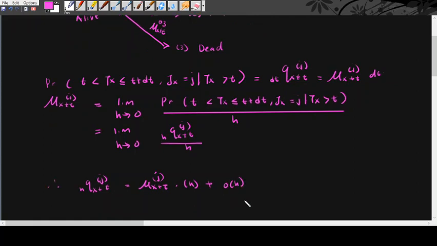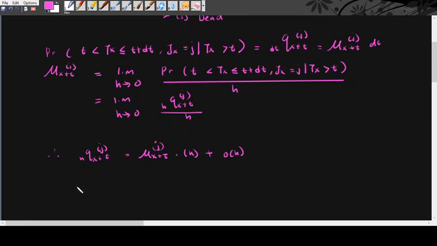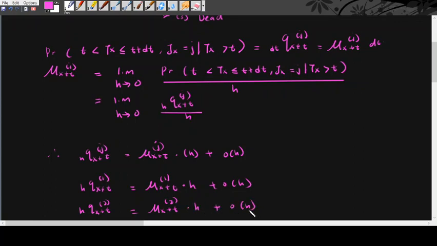If you have two decrements, then you are going to get h qx plus t 1 equals to mu x plus t 1 times h plus o(h), and h qx plus t 2 equals to mu x plus t 2 times h plus o(h). These two o(h) are not similar.